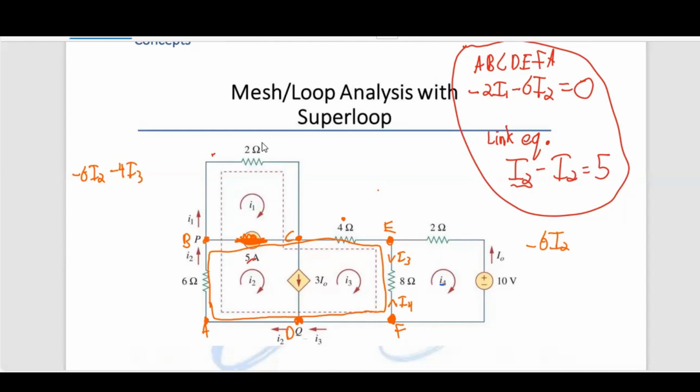Any resistor that I3 goes through will be negative. Any current going in the opposite direction through the resistor will be positive. So for I3, it will be like normal, minus 8 I3. But since I4 is going through it in the opposite direction, it will end up being plus 8 I4.